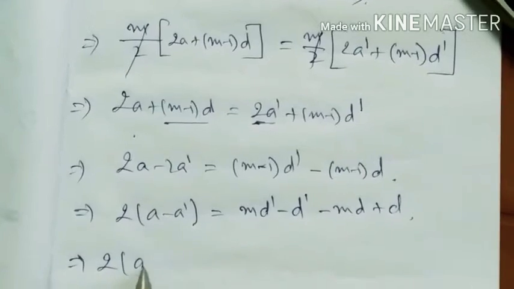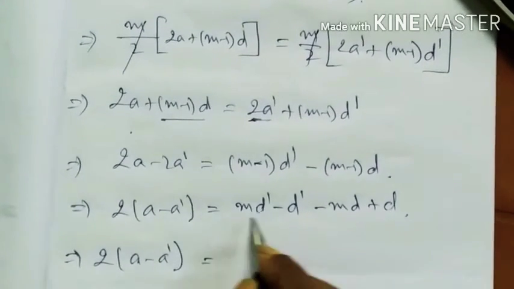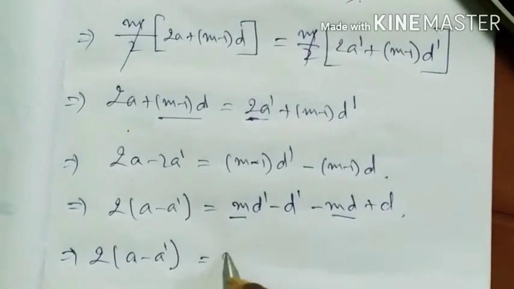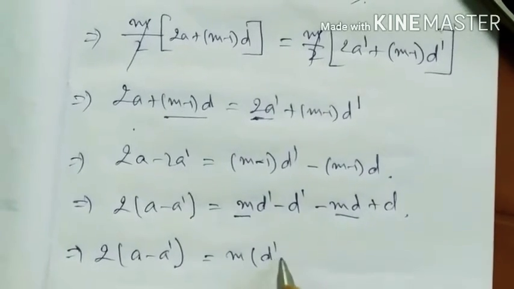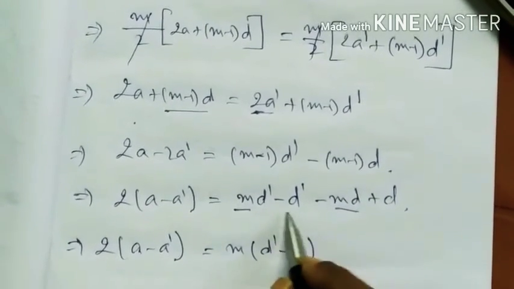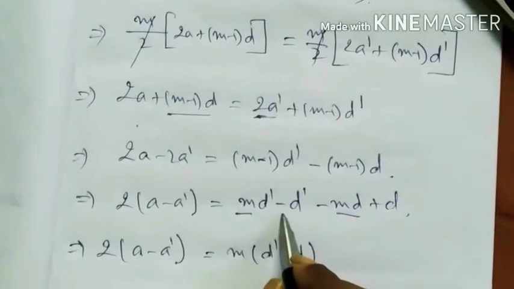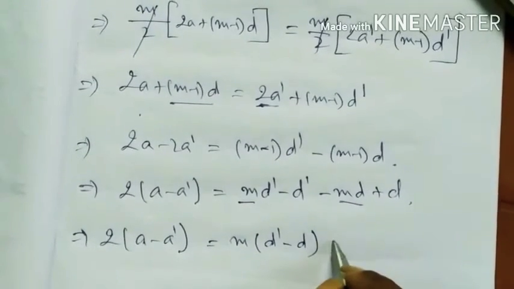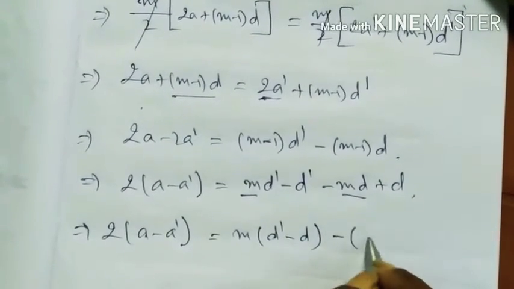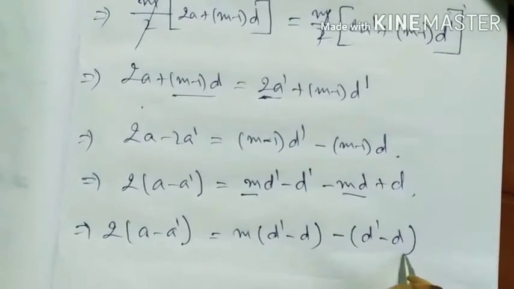Now 2 bracket a minus a dash. Now this and this m common, so d dash minus d, and this is d dash and this is here. I can write minus common, d dash minus d. I can write like this.